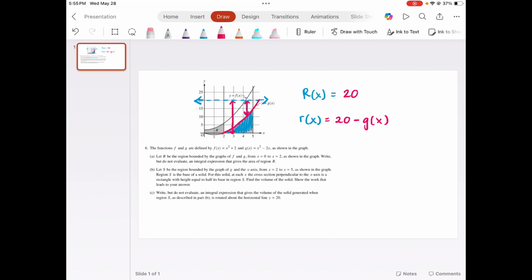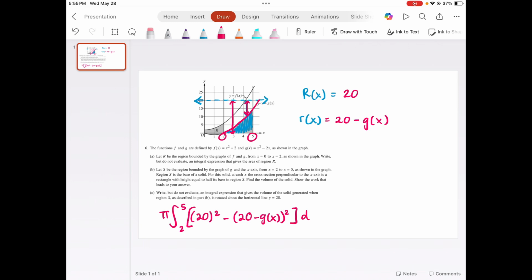So if we're going to set this up, we're going to have pi times the integral, and our integral goes from 2 to 5 because we're going from the endpoints of that section, so 2 to 5. And then we're going to start with our big R of X, which is 20 squared. And then we're going to minus our little R of X, which is 20 minus, whoops, not 22, 20 minus g of x squared.